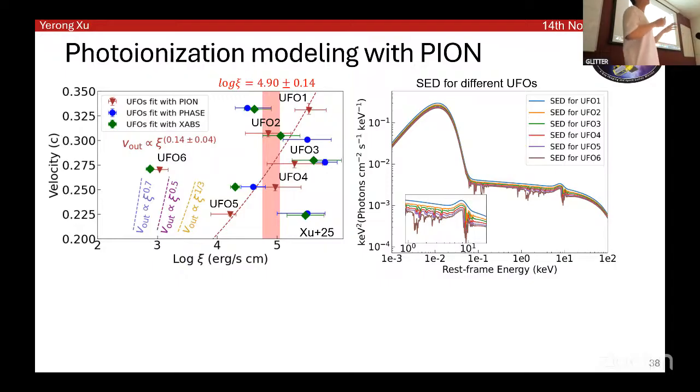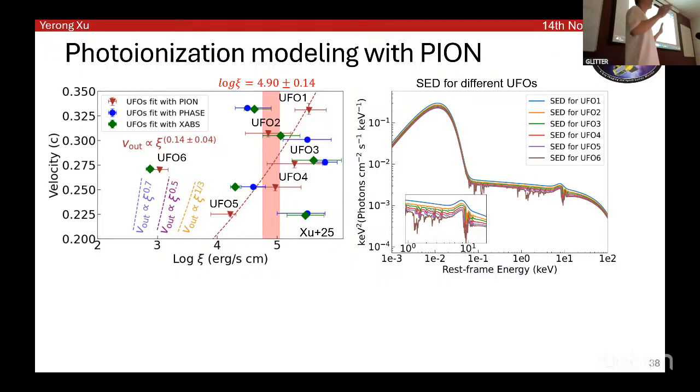But if we just assume the same SED for different components, as the blue and green points show, they are randomly distributed. So first, the outflows in the target could have a stratified structure, but when we compare these slope indices, we find they are inconsistent with both radiation-driven and magnetically driven outflows.